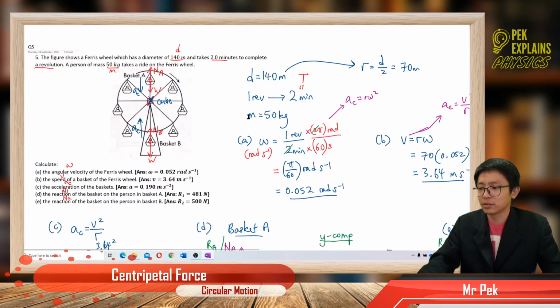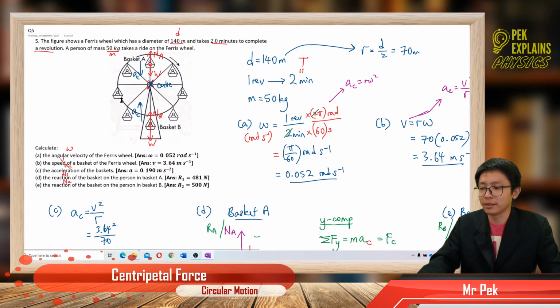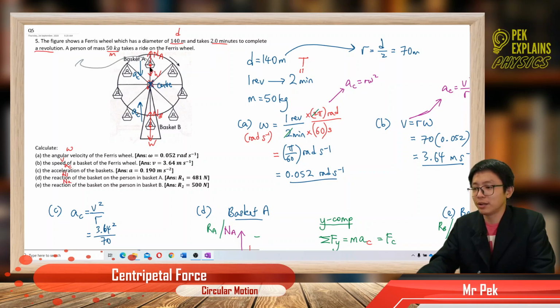So at the top, if the Ferris wheel turns too fast, the person is normally thrown out from the top first, because the top feels lighter and less attached, but the bottom feels heavier, more attached to the seat. So the top is more dangerous than the bottom.